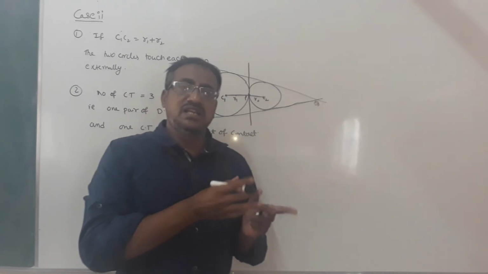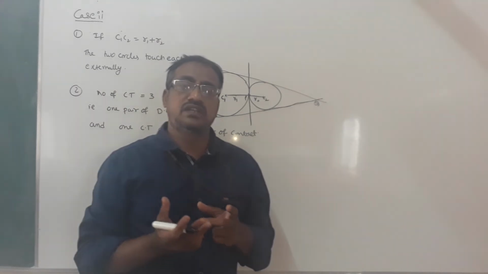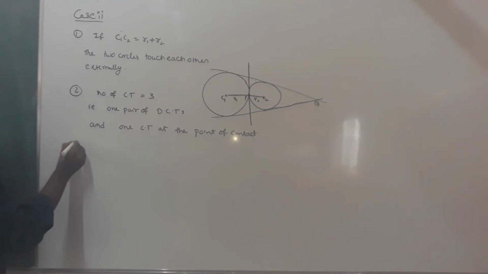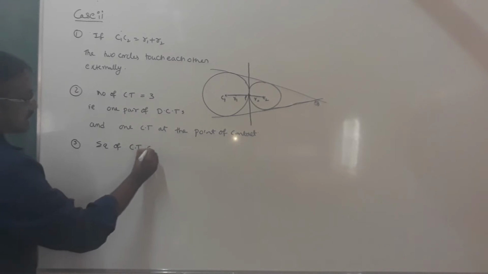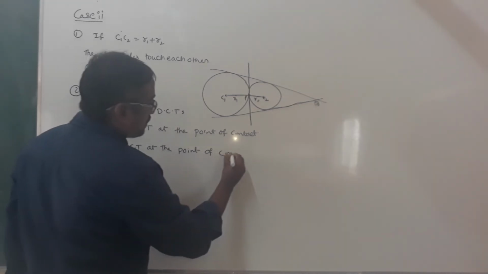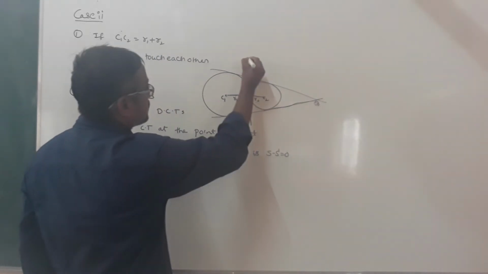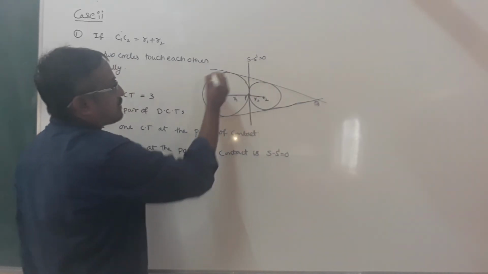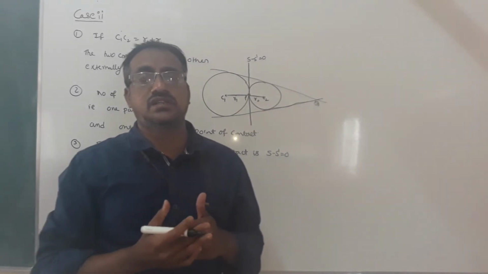Now clearly P is the internal center. P divides C1 C2 in the ratio R1 is to R2 internally. Another important point: the equation of the common tangent at the point of contact is S minus S dash is equal to 0.